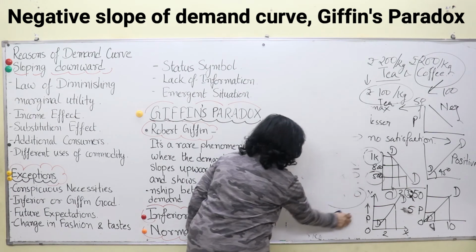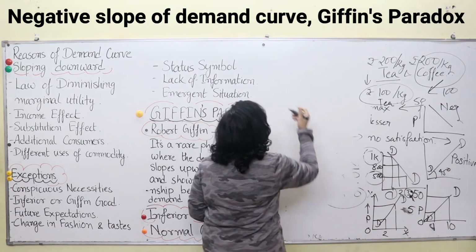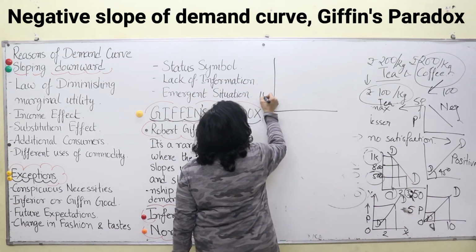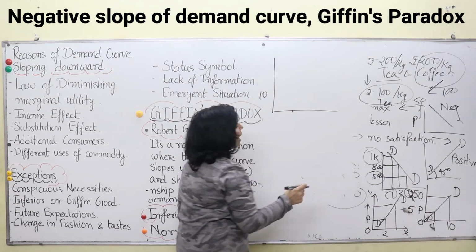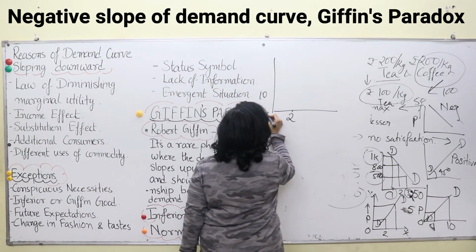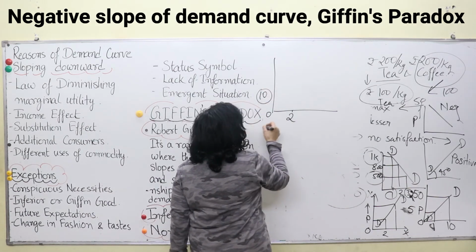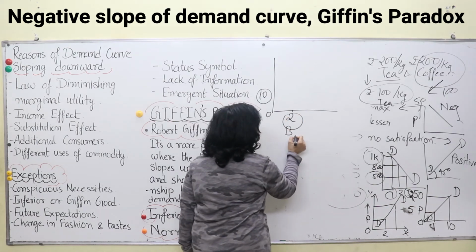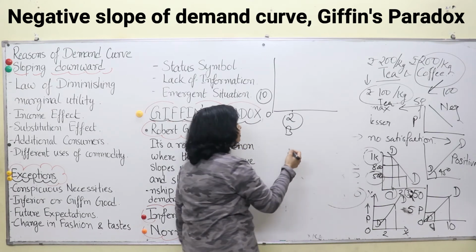Take for example, if previously in my job I was getting only 10,000 rupees and I had only 2 pair of shirts, those were branded. That means at 10,000 rupees of income, I was purchasing only 2 branded shirts in 1 year, or you can say in 6 months.